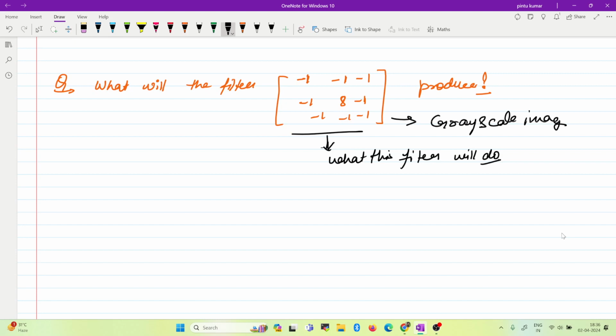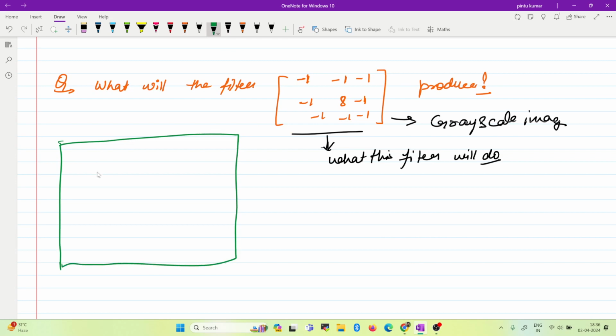So how does a filter work? Let's say this is your big image, and we are applying your filter at this point. What will come over here is your value 8, and in the neighbors you will have -1, -1, -1, -1, -1, -1, -1. Now, whatever you obtain after convolution, when will this be 0 and when will this be non-zero?